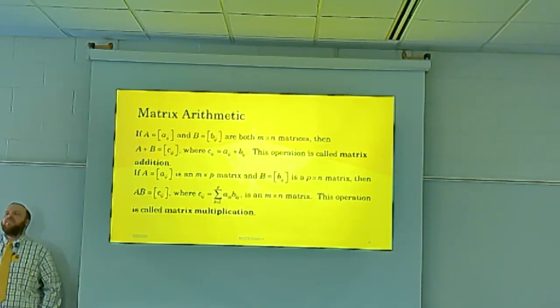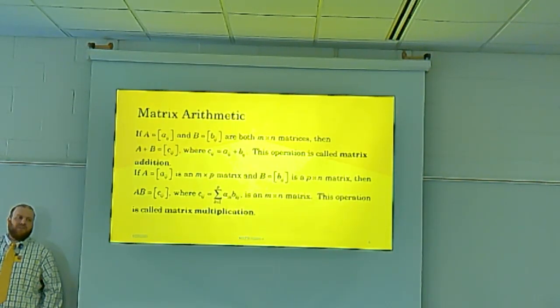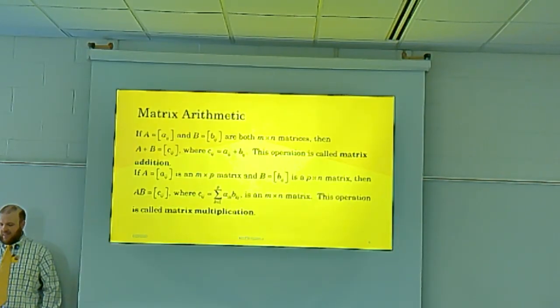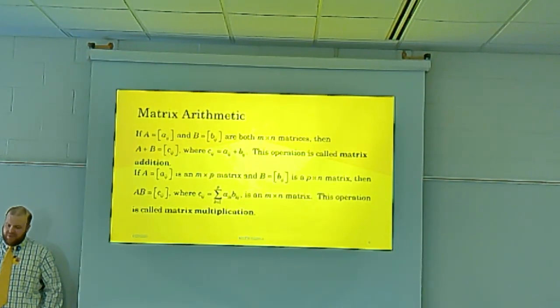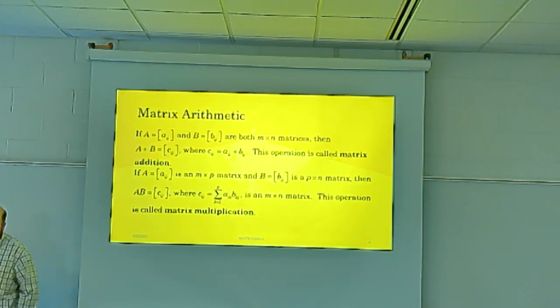Matrix product is only defined if the number of columns in the first matrix is the same as the number of rows in the second matrix.